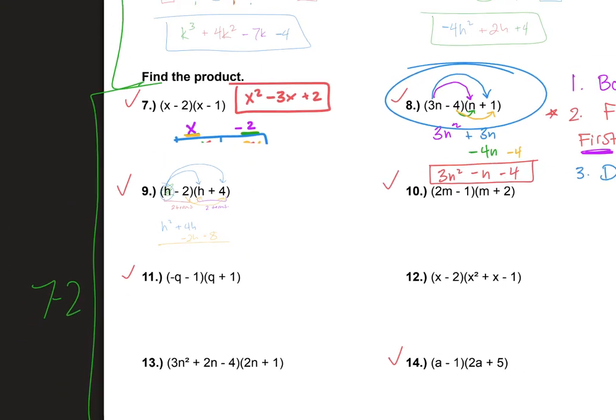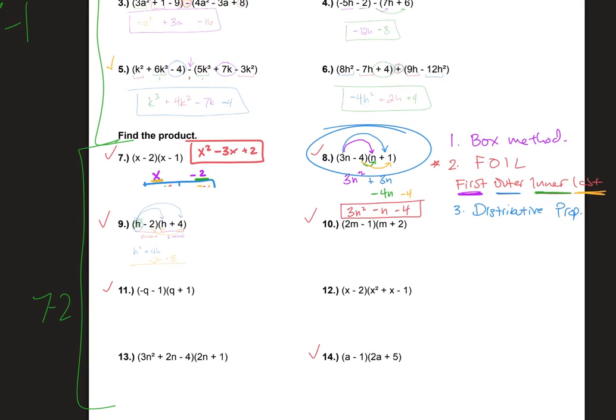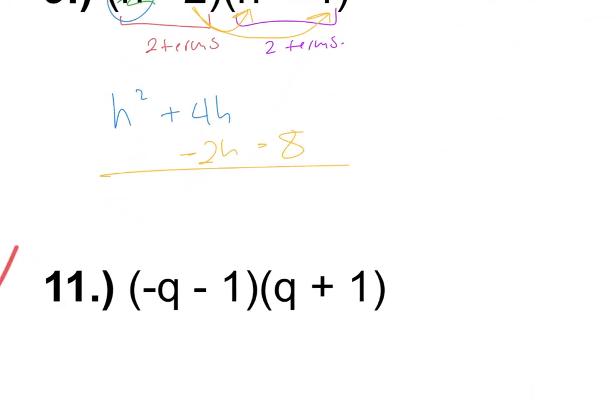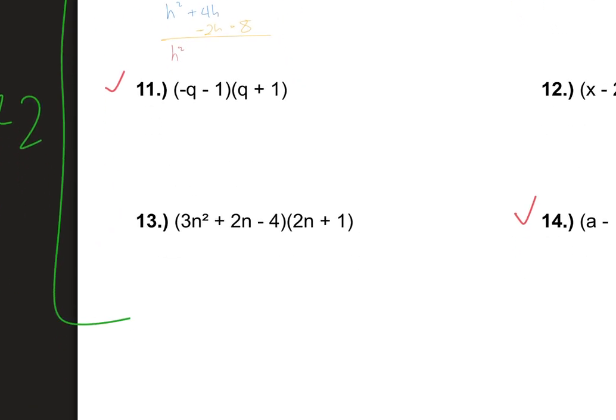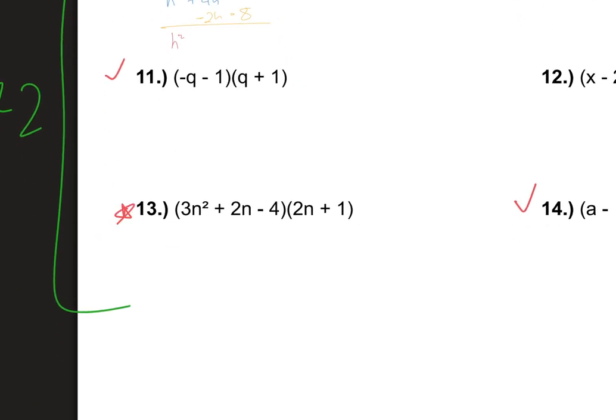Now compare back and forth. Remember how I said this is FOIL? Doesn't it look like I've done the exact same things? Because, in fact, I have. Like I said, I don't like FOIL because it doesn't work for 13 or 12.